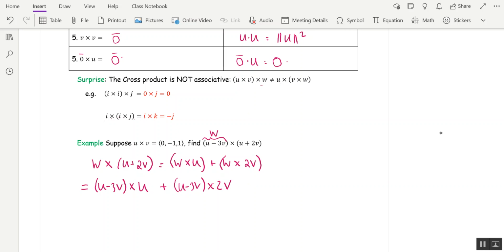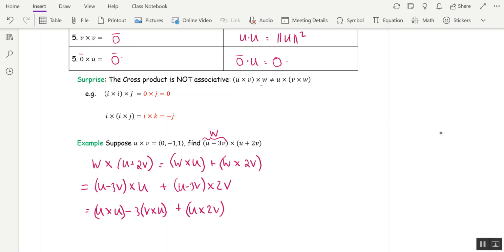So what I'm doing here is really kind of a FOIL. Now I'm going to expand again. This is u cross u, minus, put that in parentheses, 3v cross u, plus u cross 2v.